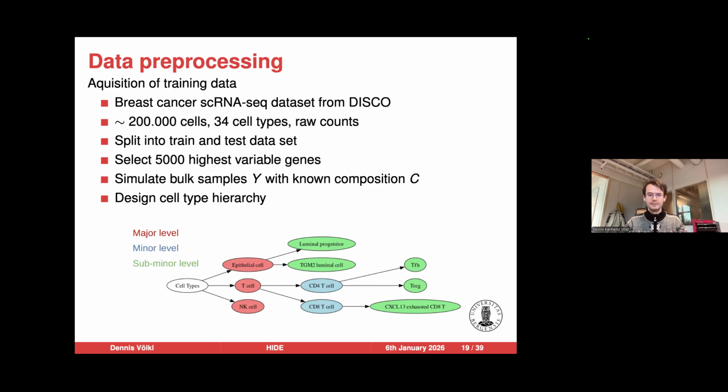HEIGHT then needs a hierarchy, which we created by going through the literature and seeing how the cell types of the single cell data are related to each other. Then the model was trained on the training data, and we validated the results on test data using Pearson's correlation coefficient.